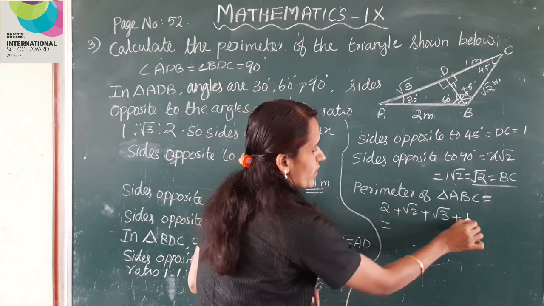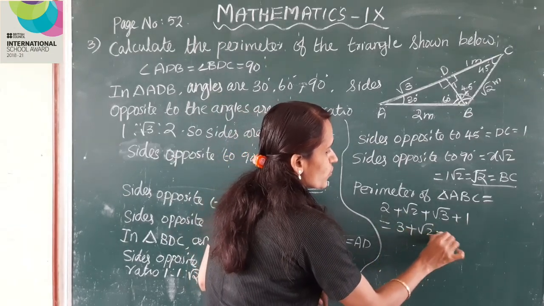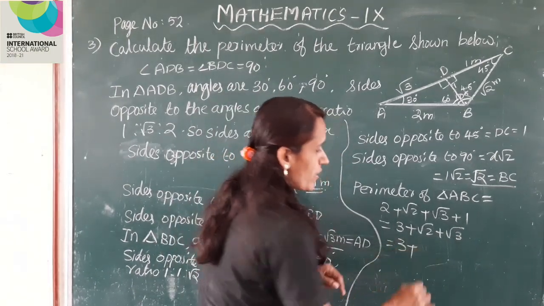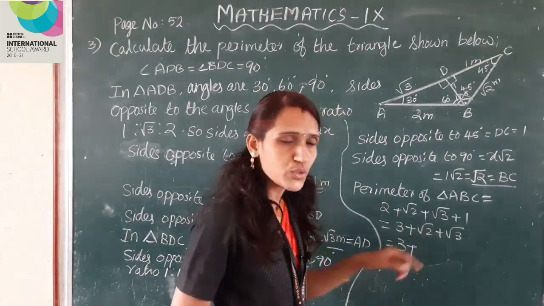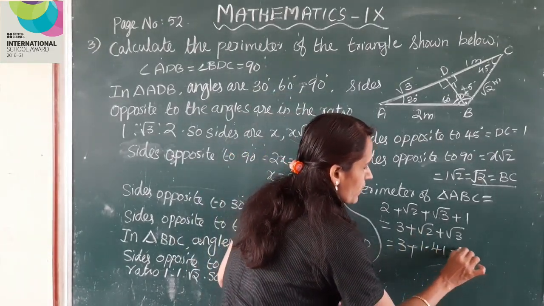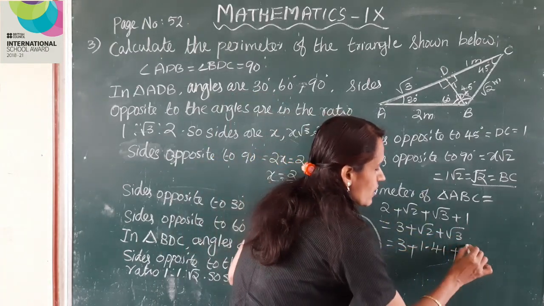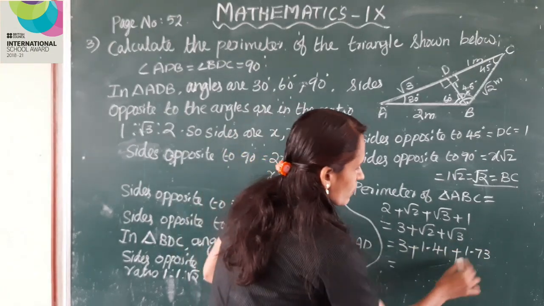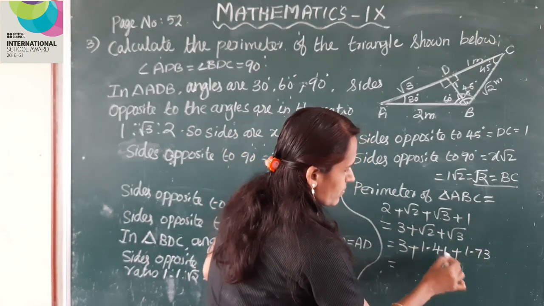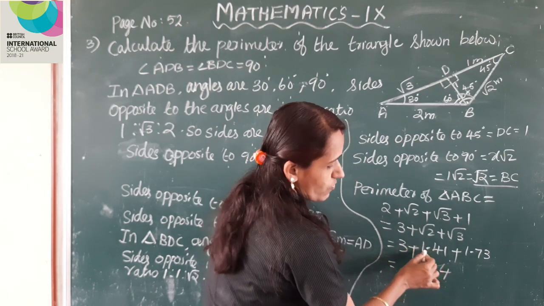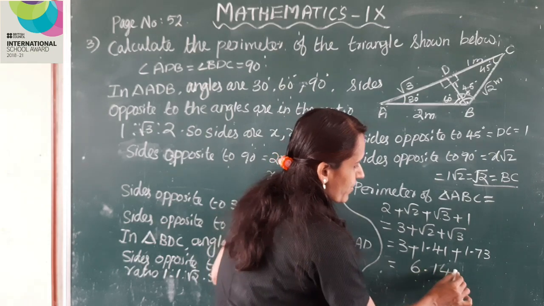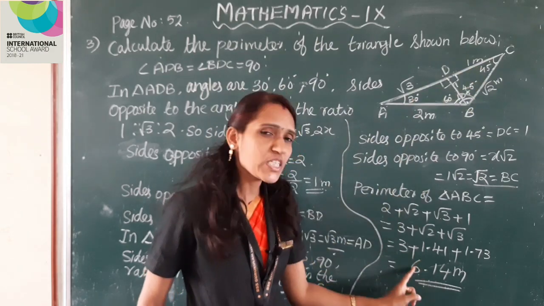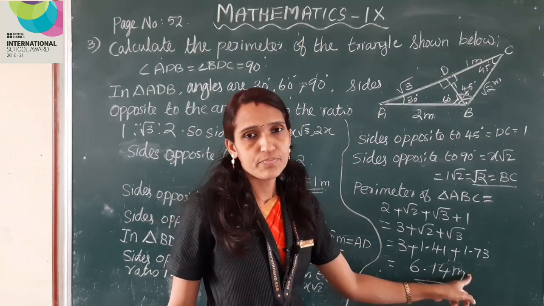This is equal to 3 plus root 2 plus root 3. This is equal to 3 plus approximate value of root 2 is 1.41 plus approximate value of root 3 is 1.73. Add this: 6.14 meter. So perimeter of triangle ABC is 6.14 meter. Clear?